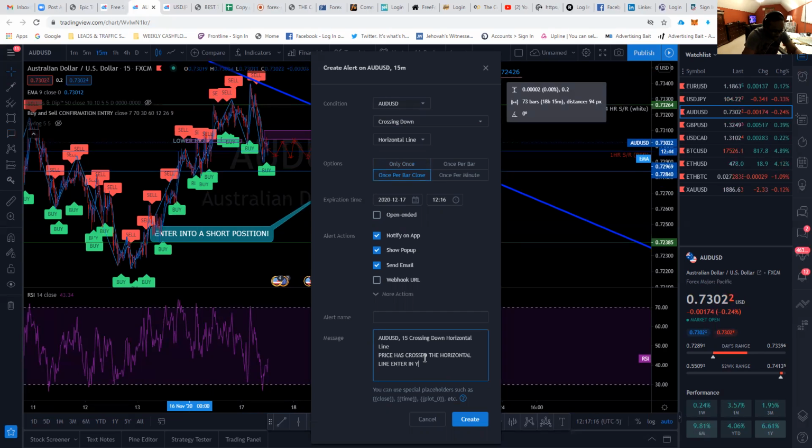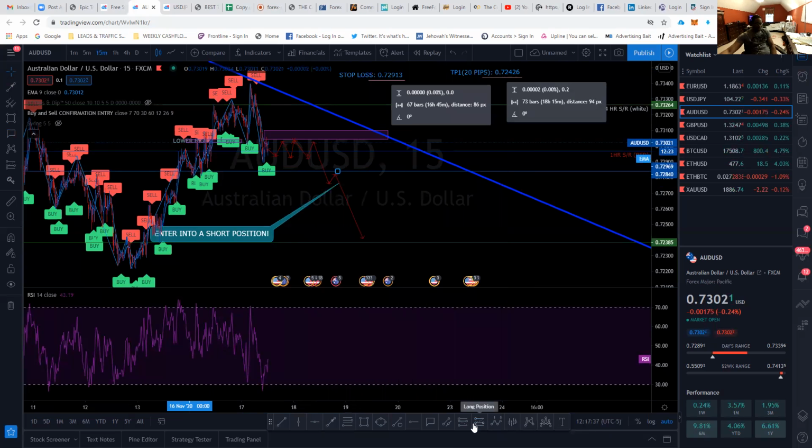Enter in stop loss and TP1 for short position on market execution. Once it alerts me on that, then that's when I'm going to enter the market.